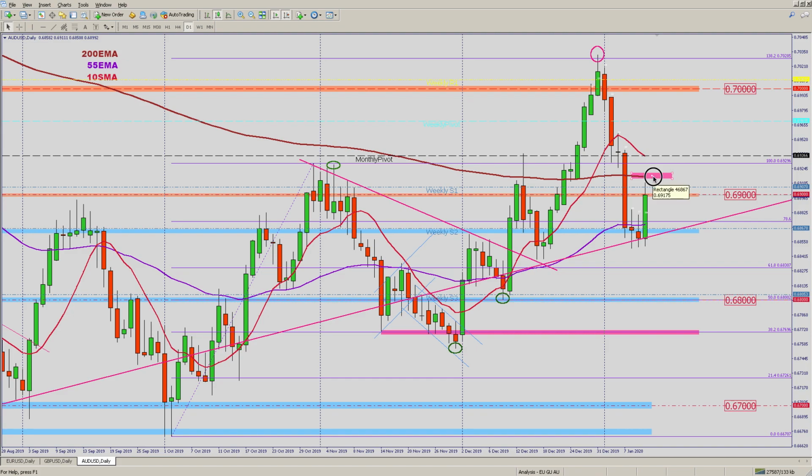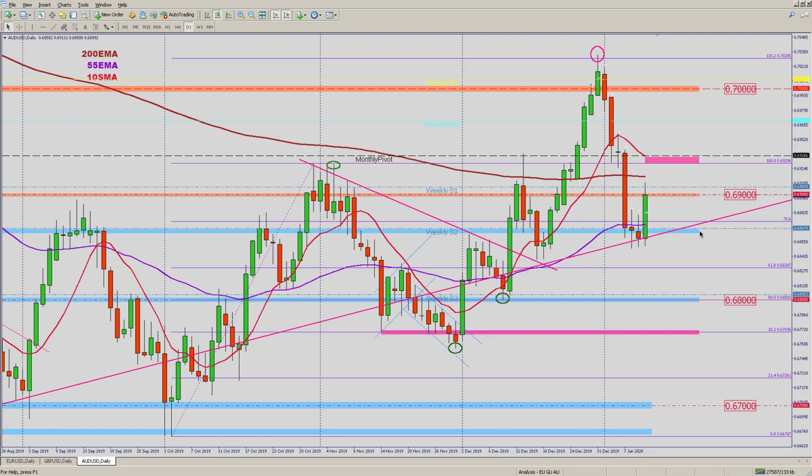We may be able to just shift it to a different zone, perhaps at this swing high and the monthly pivot, so at the 0.6930 to 36 zone. We'll see whether this resistance will hold or whether it's going to break through, but then there's a further upside resistance at this level.